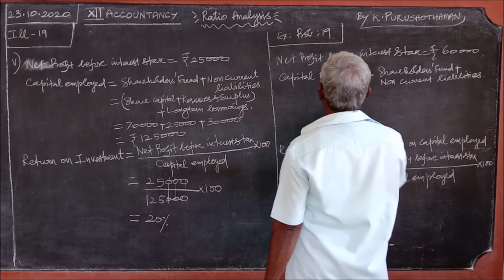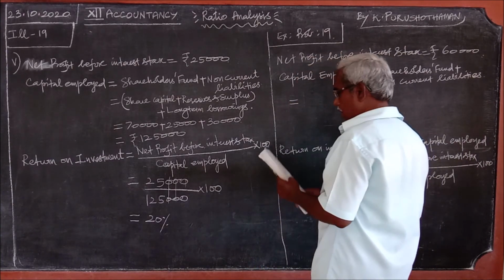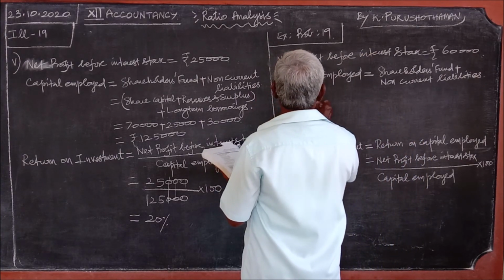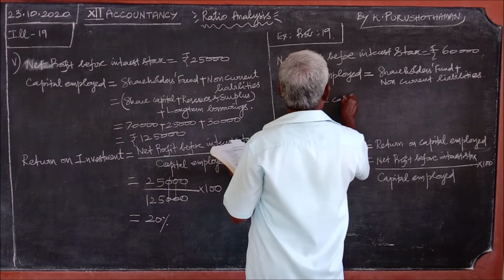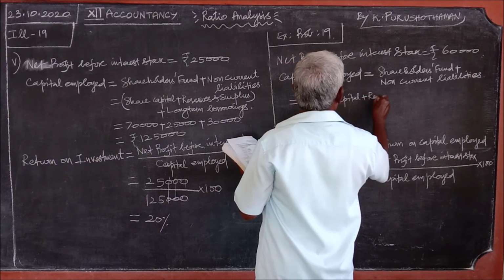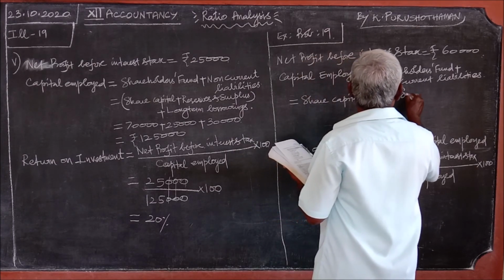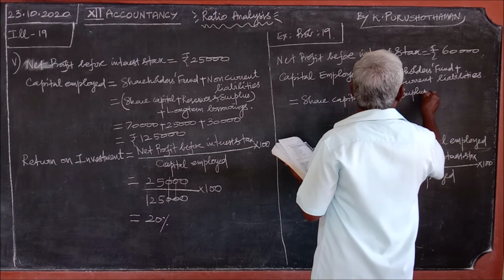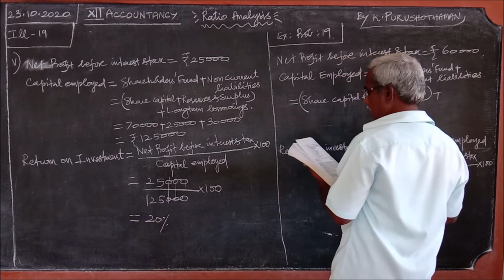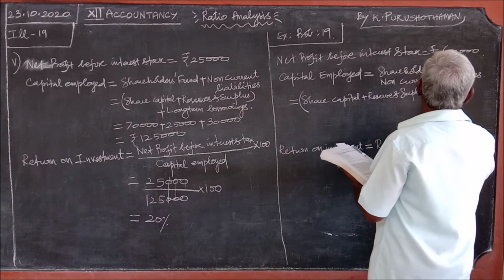Here, what is the shareholders fund given? Share capital plus reserve and surplus. This is plus non-current liabilities, long-term borrowings.